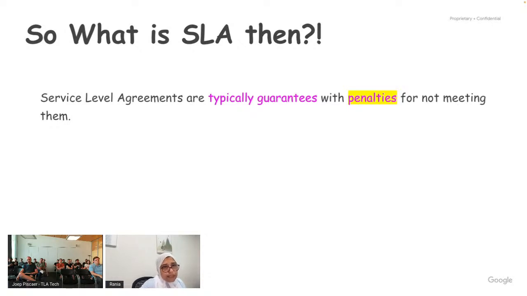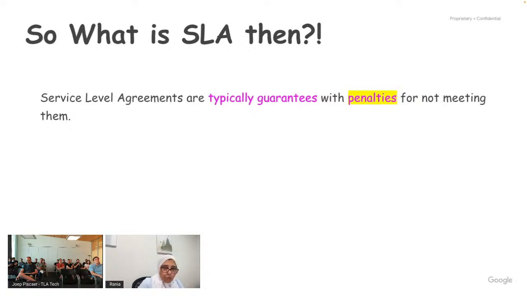Typically, this is an agreement to guarantee that the service is going to deliver such a contract. If it is not delivered, the expectation is that there will be penalties for the service provider.